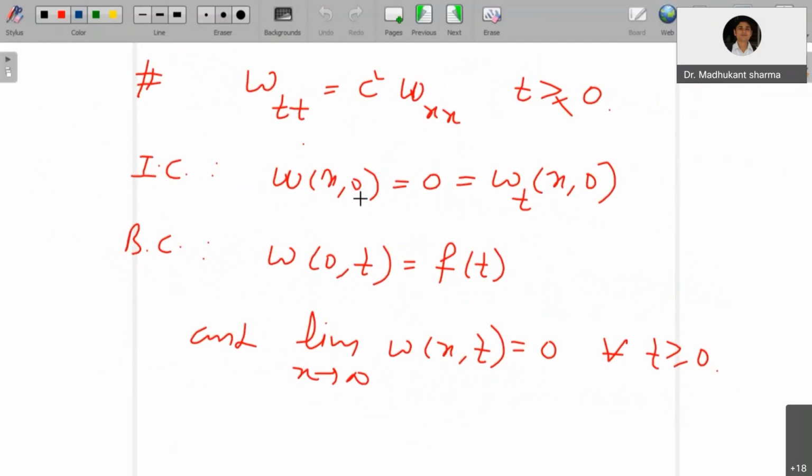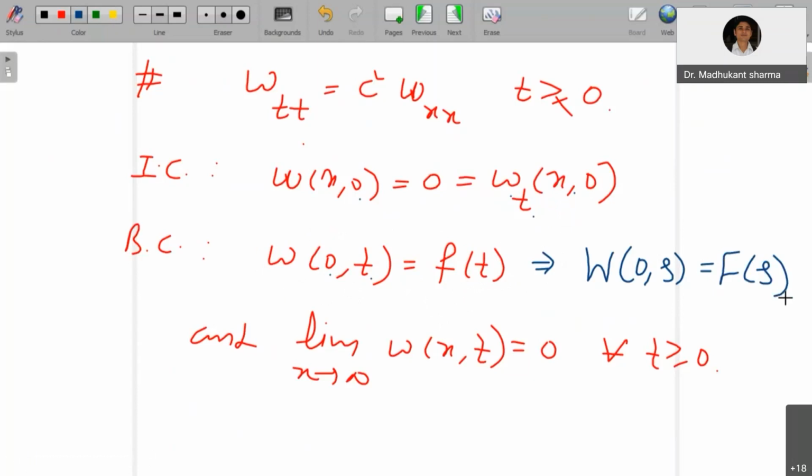W of x comma 0 is 0 and w_t of x comma 0 is 0. And W of 0 comma t is f of t. So that tells you capital W of 0 comma s is capital F of s.